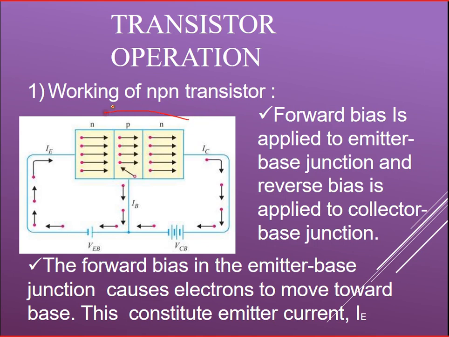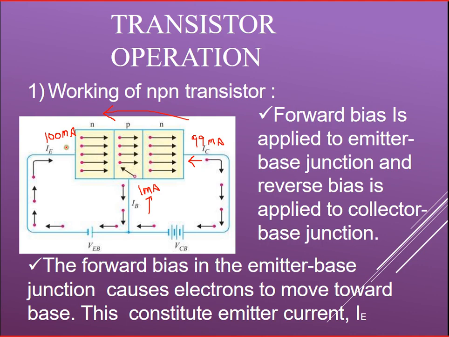Now I will tell the current values. Here the emitter current is 100 milliamps. So 100 milliamps is flowing. How much in this direction? 1 milliamp will flow in this direction, and in this direction 99 milliamps, so that the total current becomes equal, right?